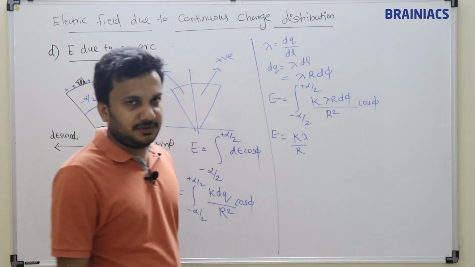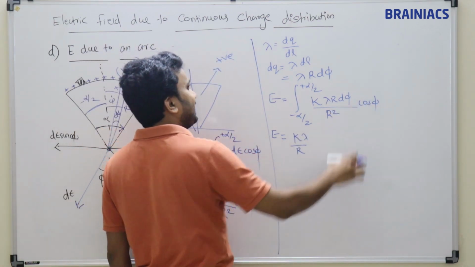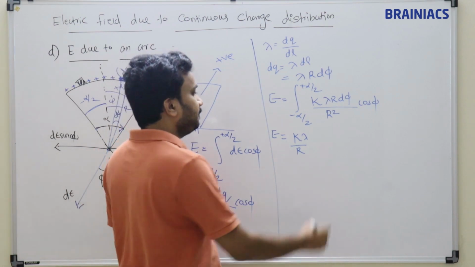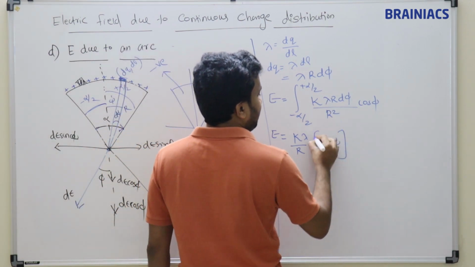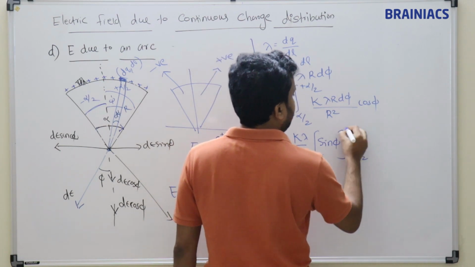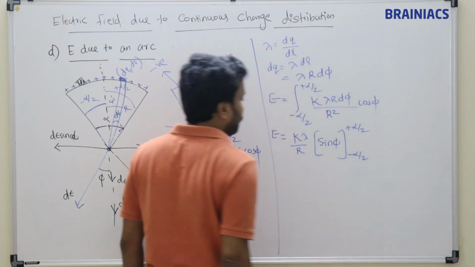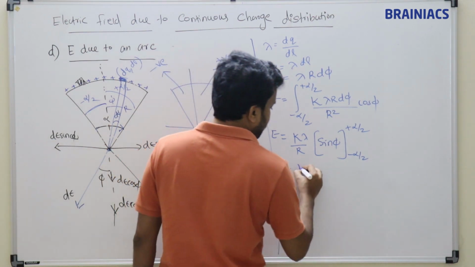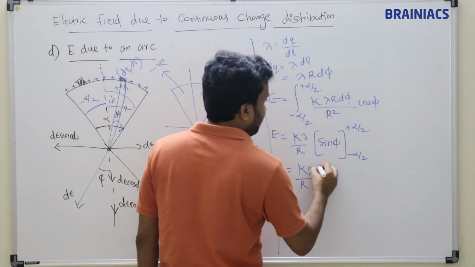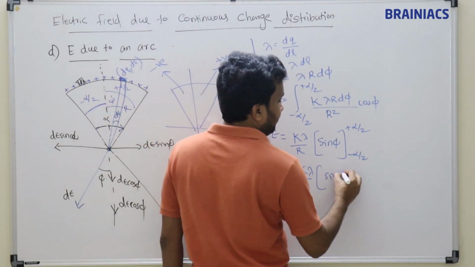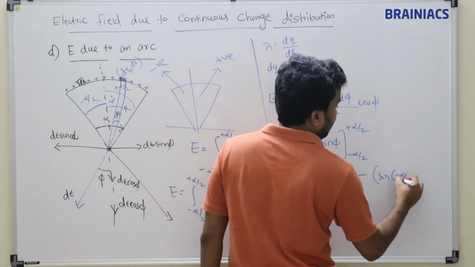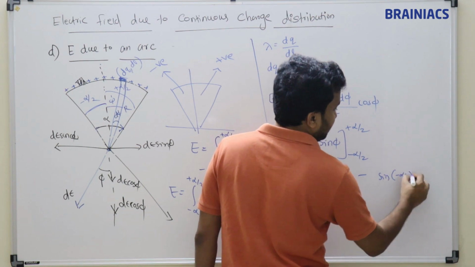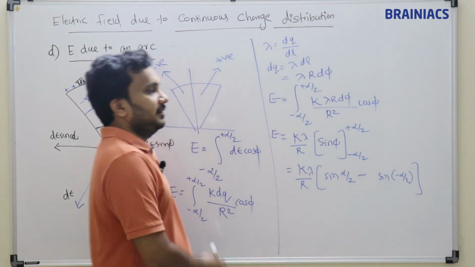So what is the integration of cos phi? Sin phi. So the integration of cos phi is sin phi, and the integration limit is minus alpha by 2 to plus alpha by 2. So we are substituting: k lambda divided by r into sin of alpha divided by 2 minus sin of minus alpha divided by 2.